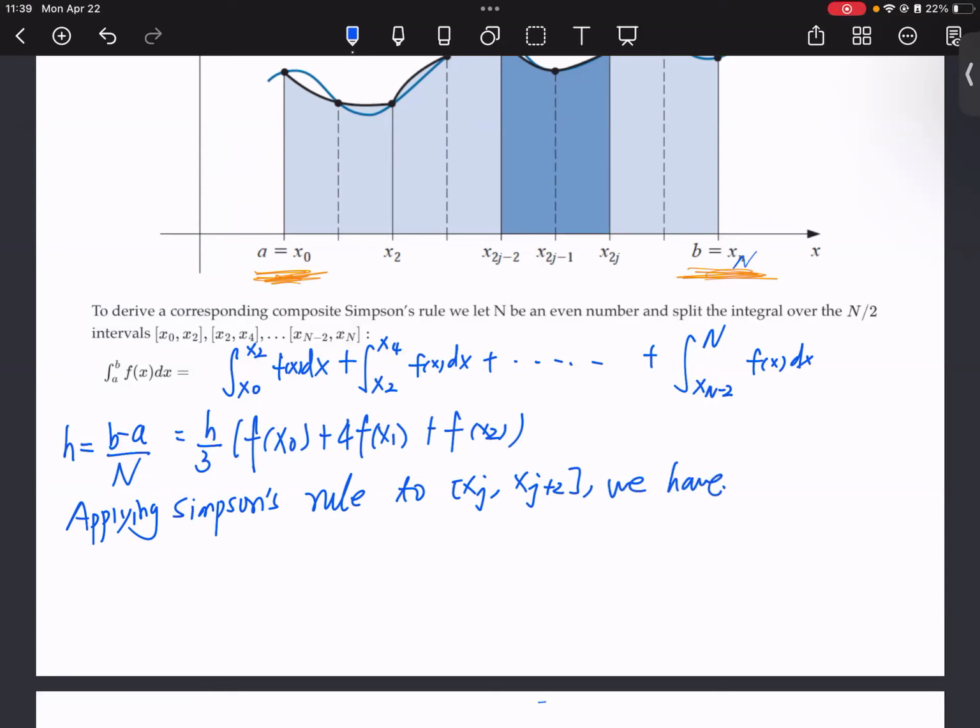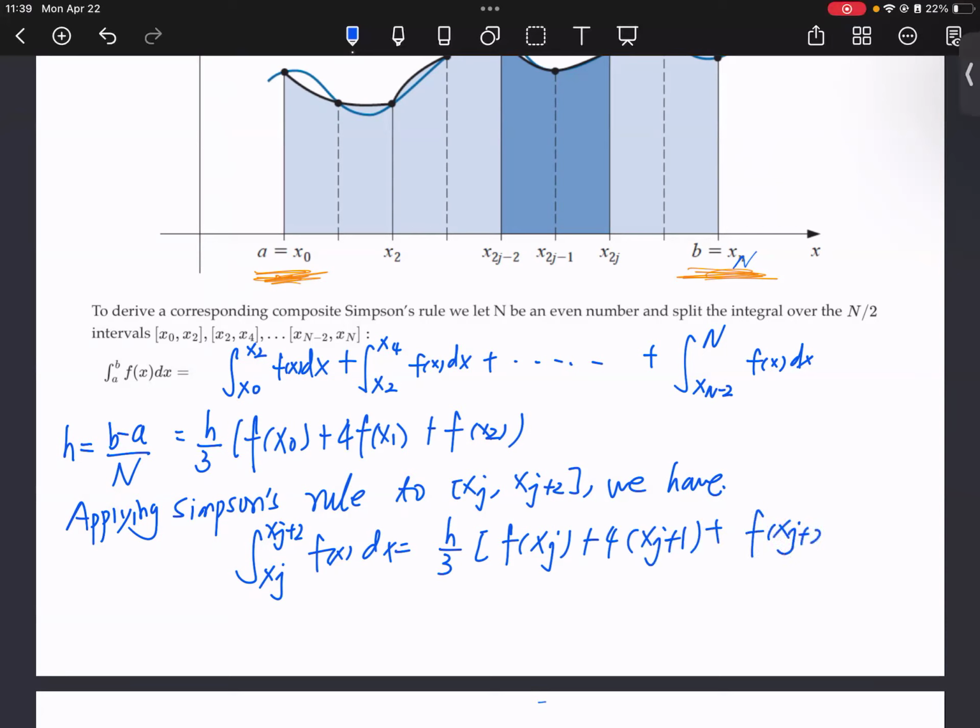We have the integral from xj to xj+2 of f(x) dx equals h divided by 3, times the left endpoint f(xj), plus the middle point f(xj+1) with coefficient 4, and the right endpoint f(xj+2) with coefficient 1 again. This is the general formula for each subinterval.